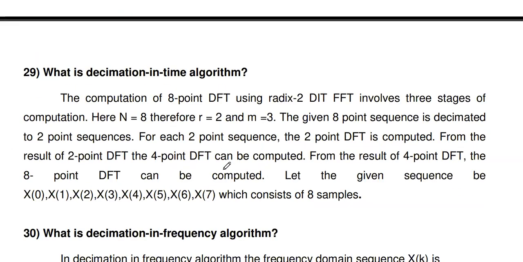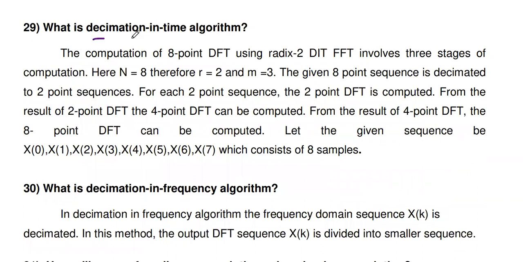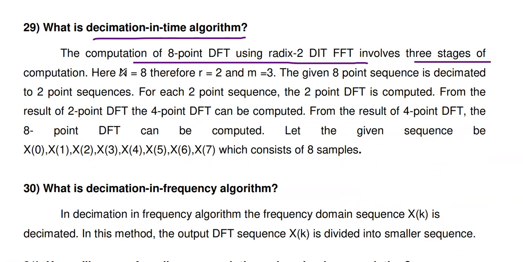Then the next question: what is decimation in time algorithm? That is, what is the DIT algorithm? The computation of 8-point DFT using radix-2 DIT FFT involves 3 stages of computation. 8 can be expressed as 2 to the power 3, and that power 3 indicates the number of stages.